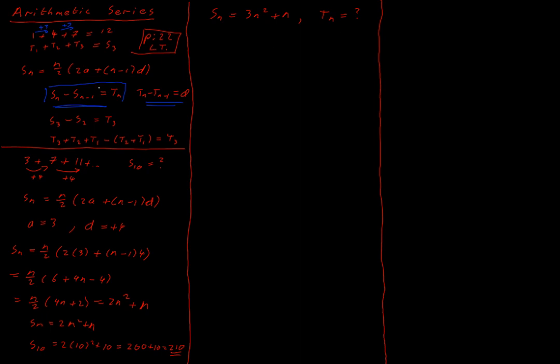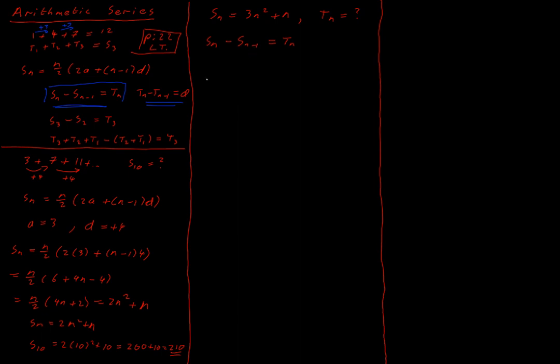Well, I know that if I have S of n and I subtract away S of n minus 1, if I subtract away the last sum term, I must be left with Tn. So let's try that out. If I have S of n minus S of n minus 1, that must be equal to Tn for the reason that I showed you over here.